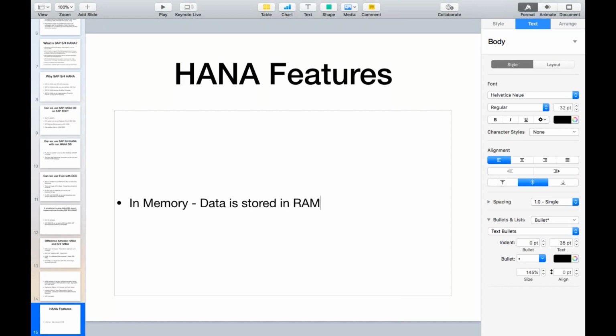So if you are trying to access a file which is placed in hard disk versus accessing a file which is available in RAM, it is 1,000 times faster to access the data available in RAM. We all know RAM is much faster compared to the hard disk, but still we deploy less RAM and more hard disk.